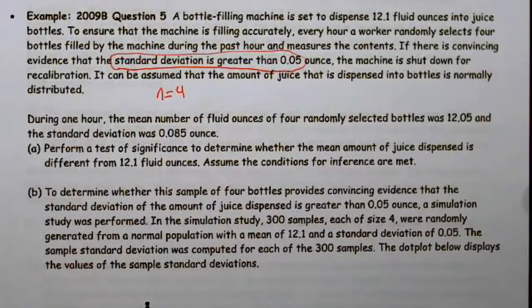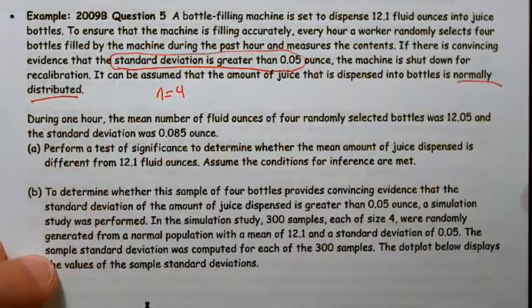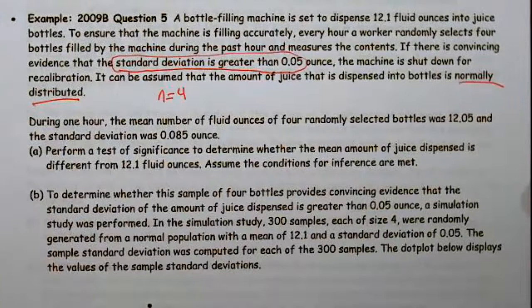It can be assumed that the amount of juice that is dispensed in the bottles is normally distributed. Well, why did they have to tell us it was normally distributed? Well, they didn't give me a list of data, so I cannot draw a box plot to check for normality. And n is less than 30, so it's not normal by central limit theorem.